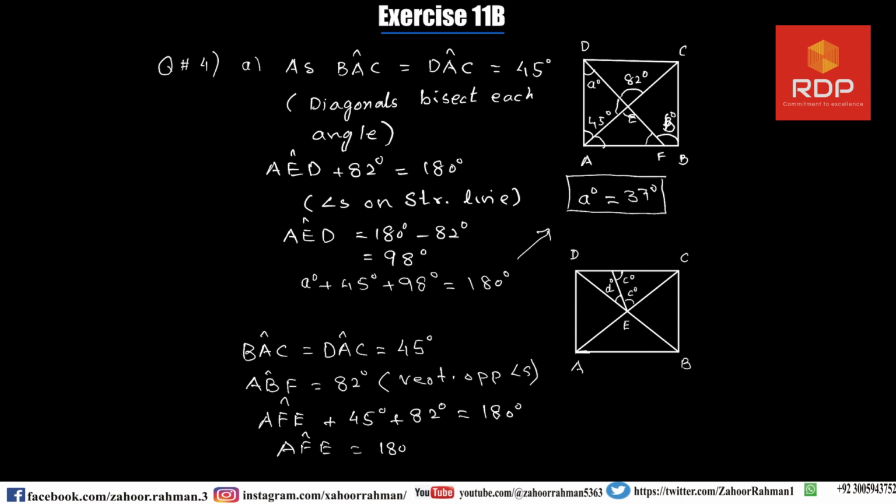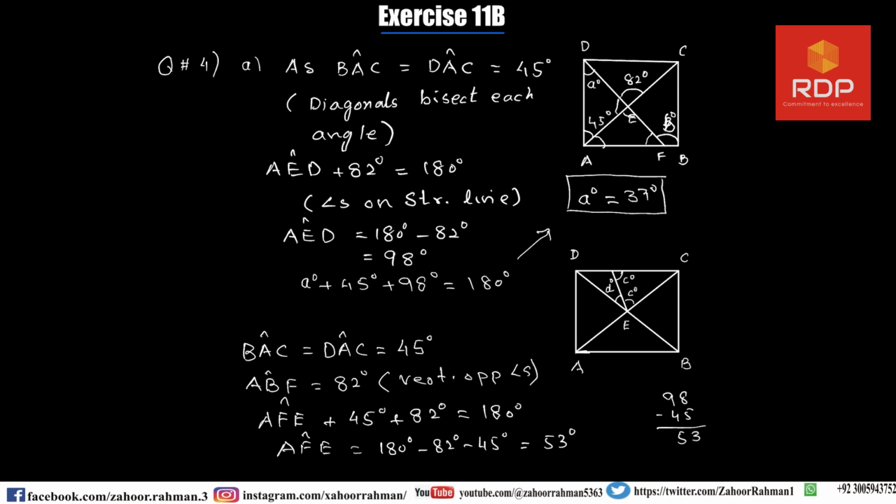180 minus 82 degrees minus 45 degrees. We can do that in another, easier way as well, but now we have started, so we are not changing our direction. So 180 minus 82 is 98, 98 minus 45, and that will be 53.